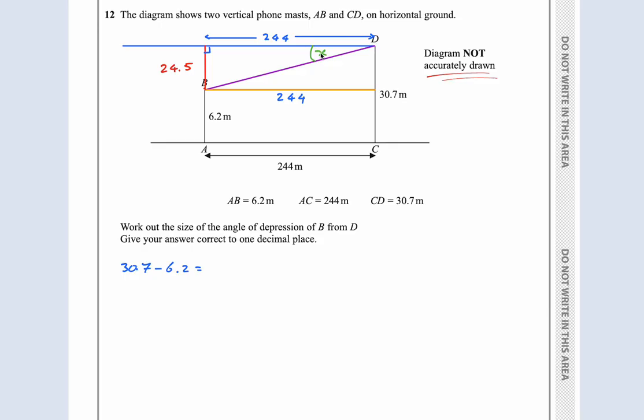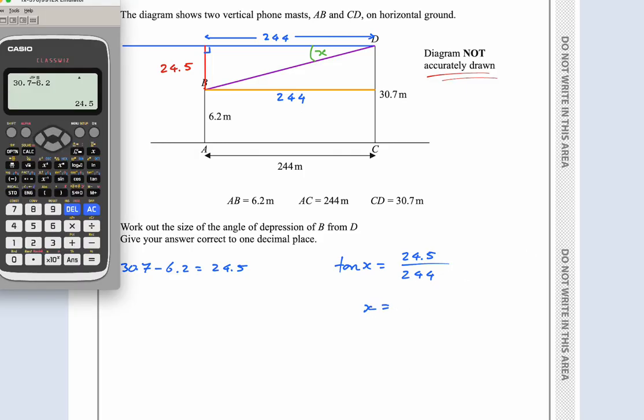So now I have a triangle up here, opposite and adjacent, it's tan. So I'm going to say the tan of x is opposite 24.5 over adjacent 244. X is the inverse tan of this.